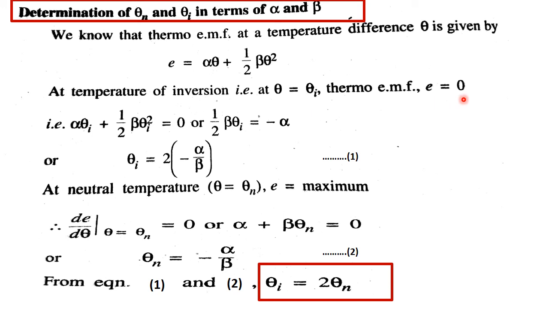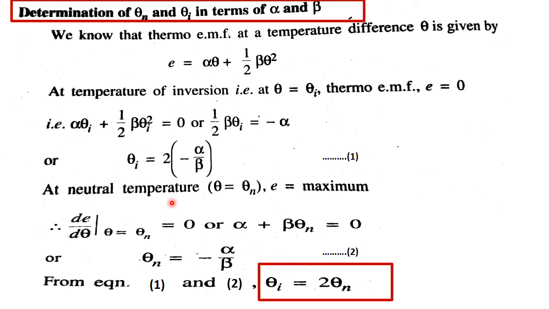You know that it becomes 0 from the graph and then reverses its direction. That means if we substitute the value of temperature of inversion, this EMF is going to give 0. We can solve it this way, and finally we get the temperature of inversion as 2 times (−α/β). This is the calculation of temperature of inversion in terms of α and β.